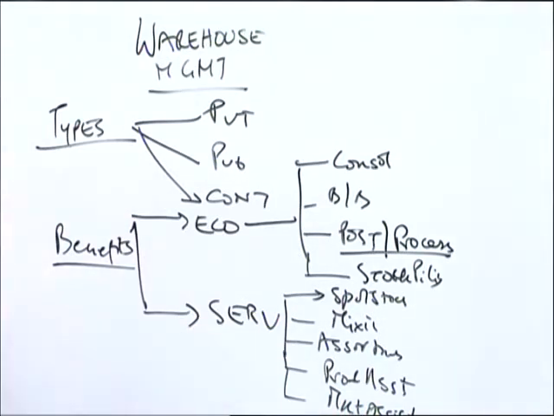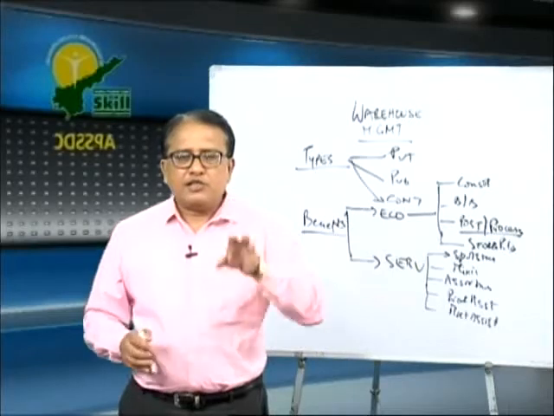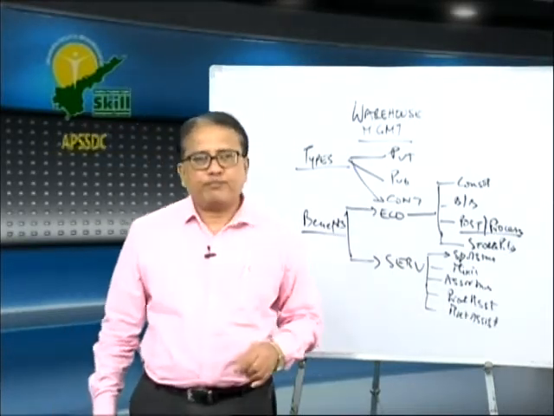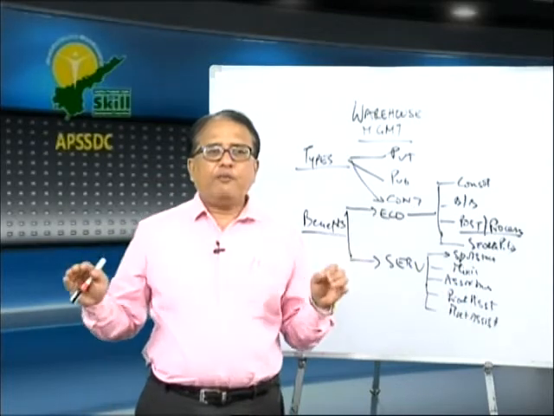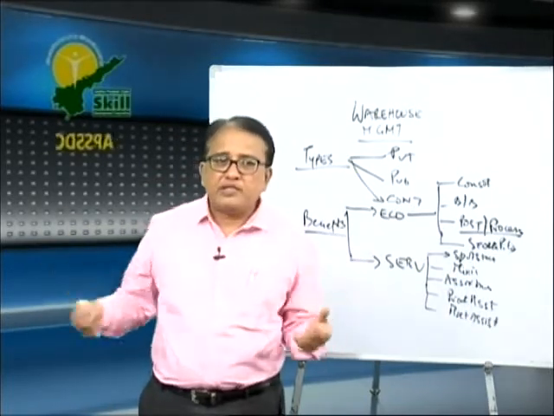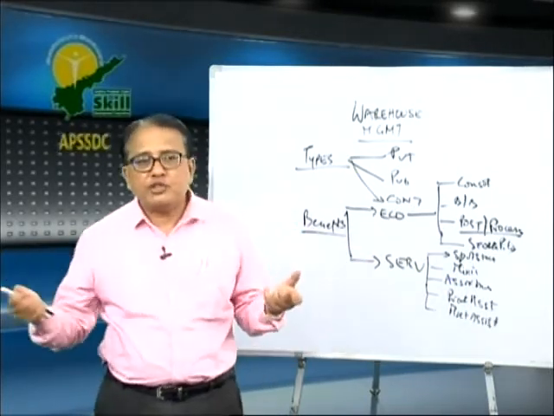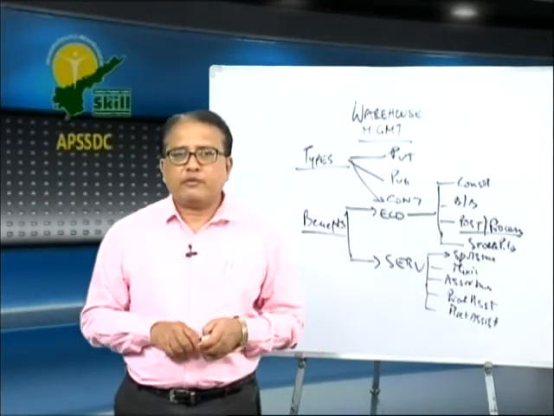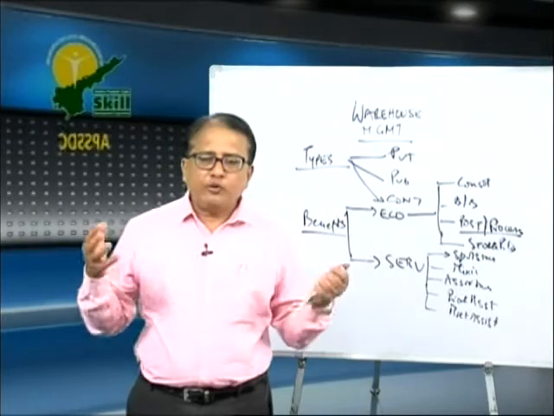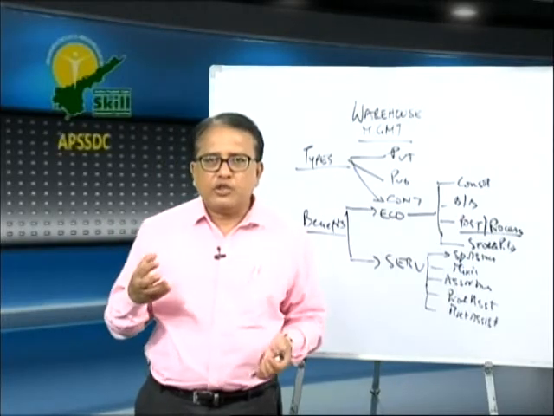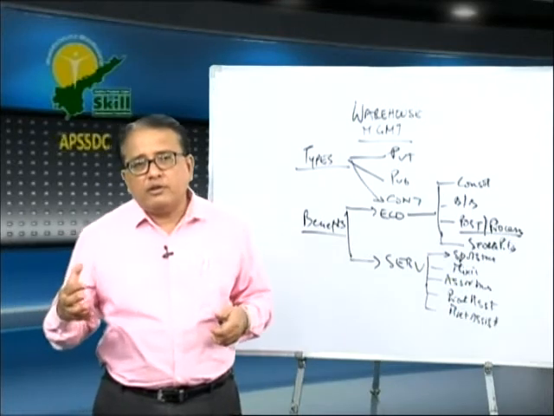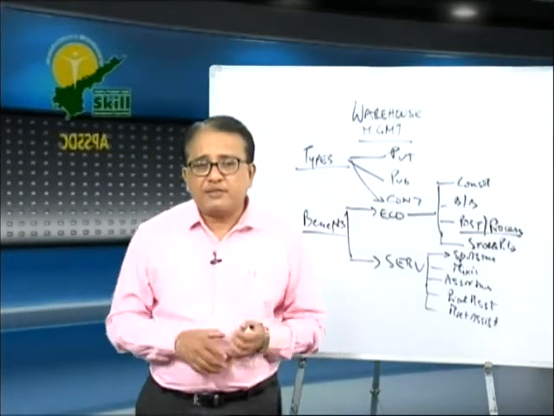By assortment, we can give you an example. Just consider a sports goods shop. He may be selling sports t-shirts. Now, there are different brands of t-shirts available from different companies. So, he would have a warehouse where he is going to have t-shirts of different brands.